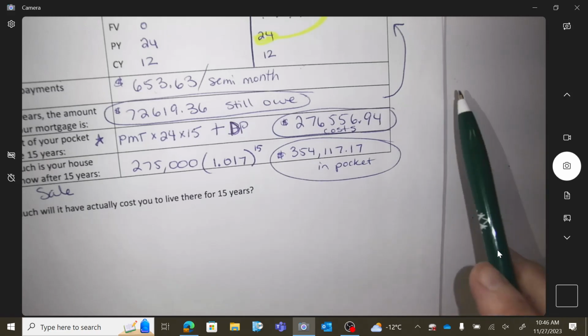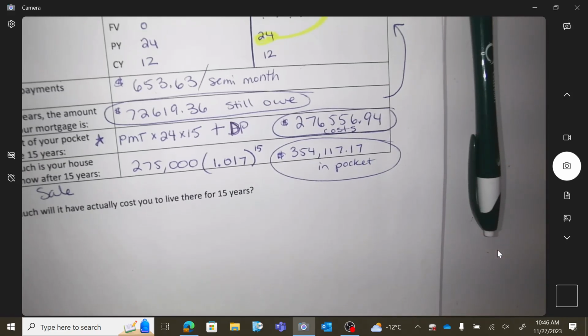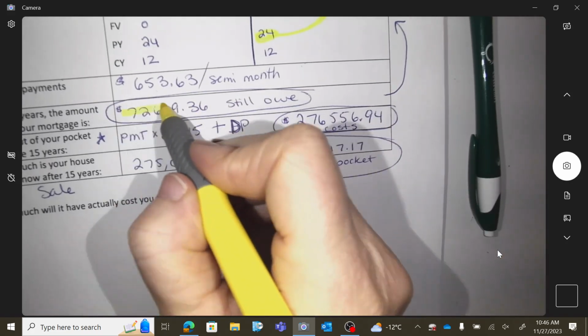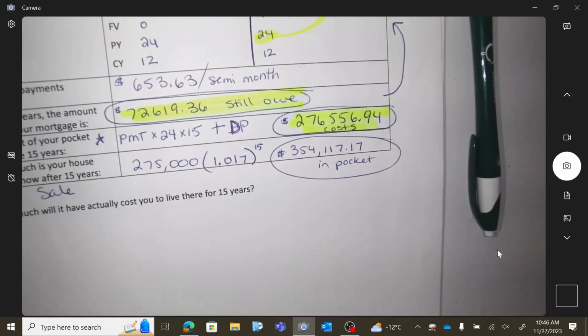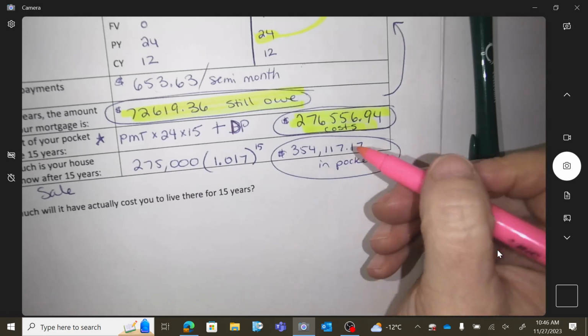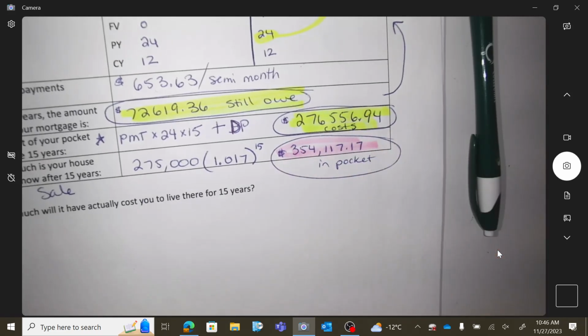Okay, so do you see what's going on here? Let's talk about bad money, good money. So this and this, right? We're going to be adding that together. Those are all cost stuff. And then this is money coming back, right?